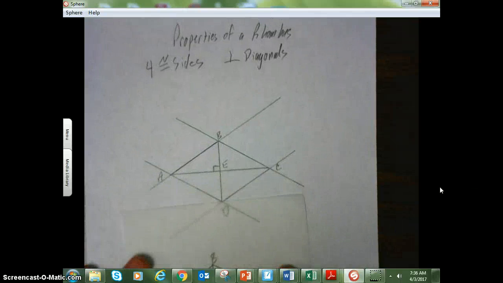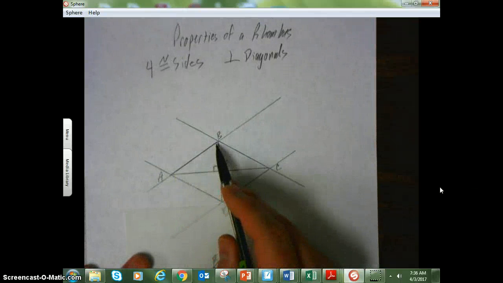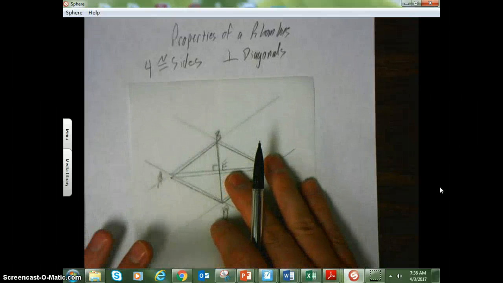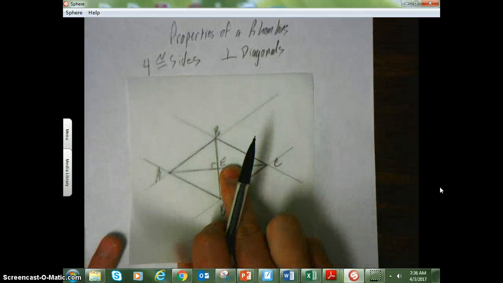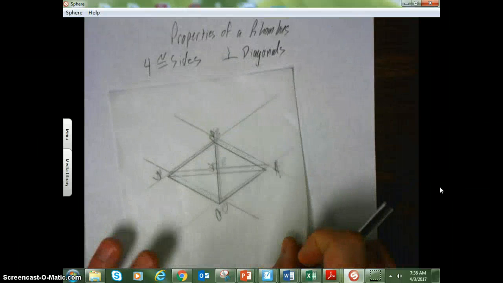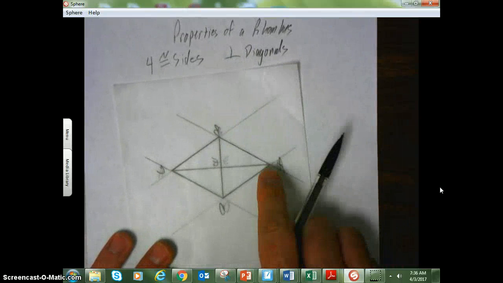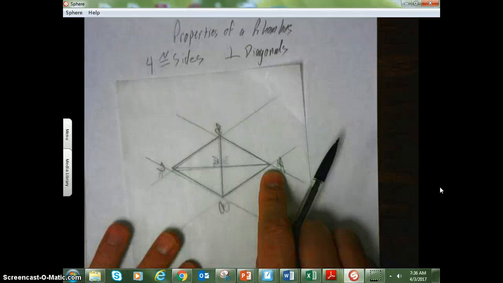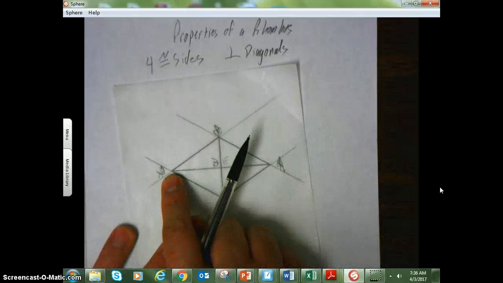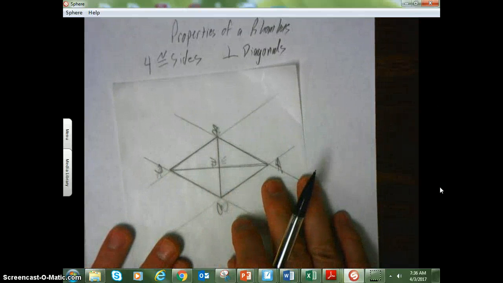And the last thing that I want to look at is angle ABE and angle CBE. All right, so I'm going to take my patty paper and flip it like so, so that vertex A is now at C and vice versa. C is at A, but B stays where it is.